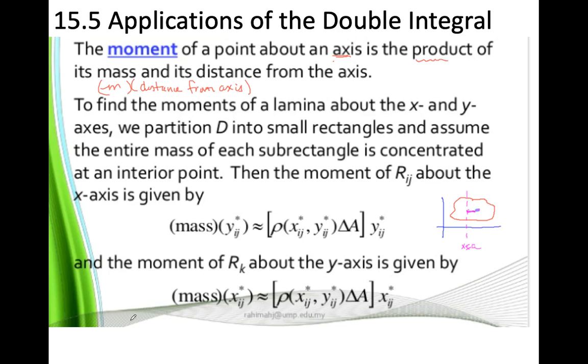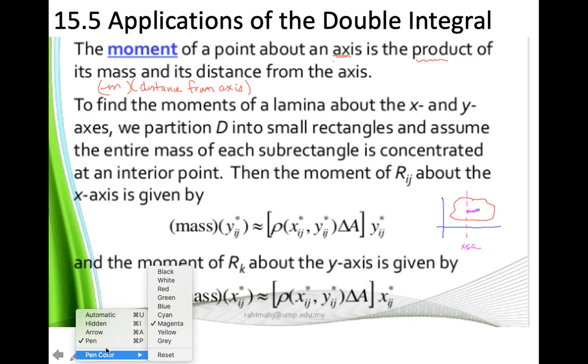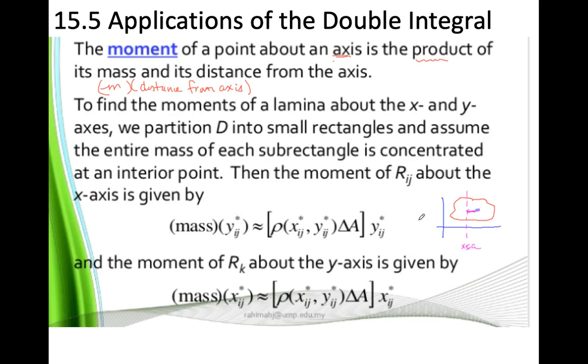What if I choose a horizontal axis? What is the distance? Let's say that's y equals a. The distance from this point to the horizontal axis is just a change in y, right?